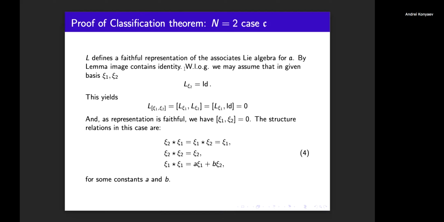So without loss of generality, we assume that we've chosen the basis such that the image of the second basic vector is the identity matrix. We again check this, and we get that this vanishes, and this case is 0, right? So we say that the representation is faithful.